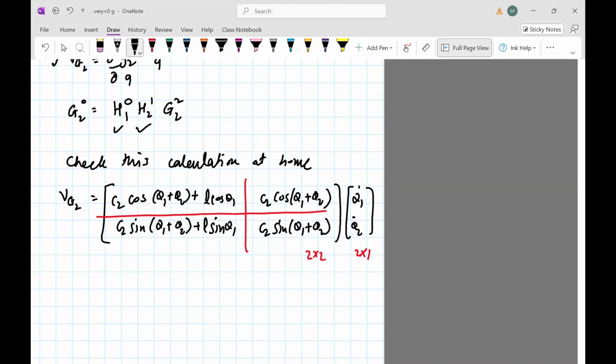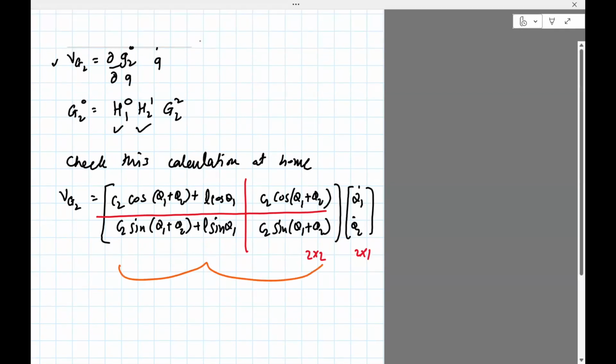Clearly, what you get here is actually JG2, because JG2 times q dot. So I've given you the answer to JG2. You might want to get G2,0, then take the derivative and find that. If you want, you can actually use the symbolic package, which I just showed you.